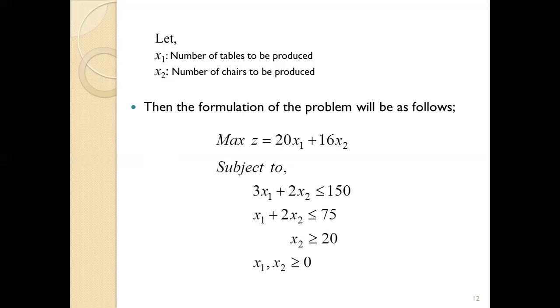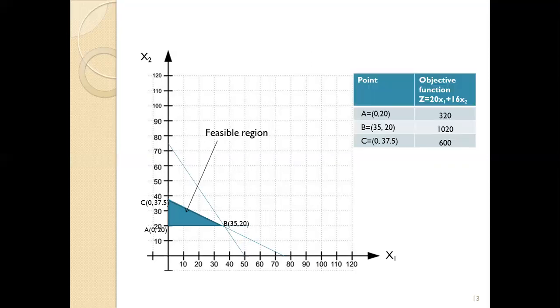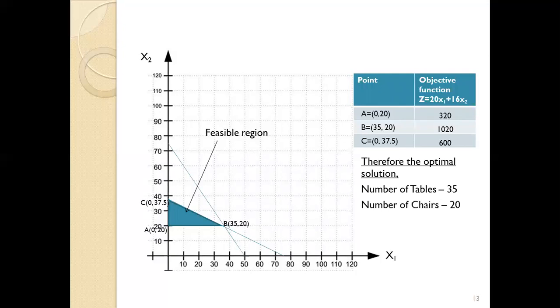Now the steps of the graphical method can be applied as you learned. Then this is the graphical representation of the constraints and feasible region. There are 3 corner points and we can use the coordinates to find the objective function values as shown in this table. Accordingly, 1,020 is the maximum value and the optimal solution is x1 equals 35 and x2 equals 20. The maximum profit is $1,020.